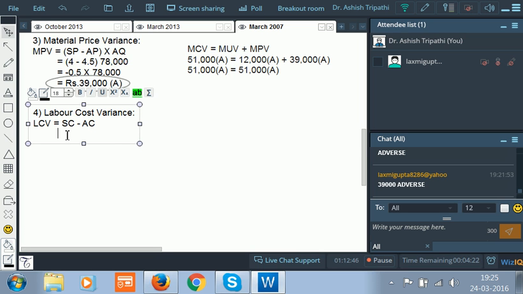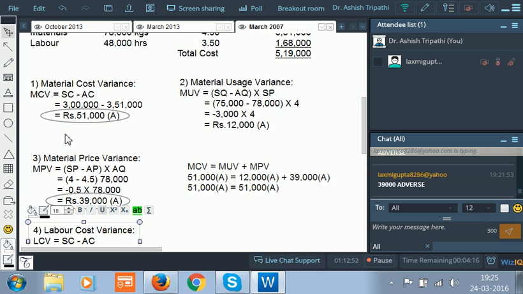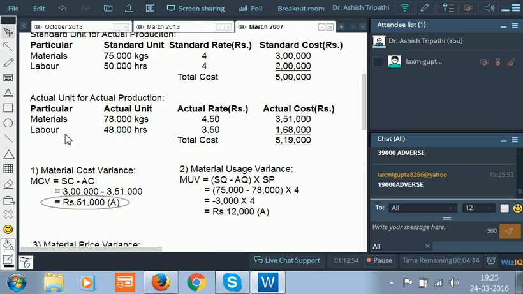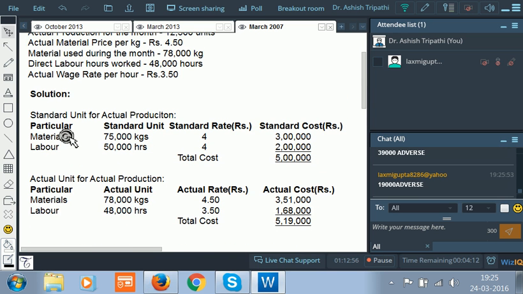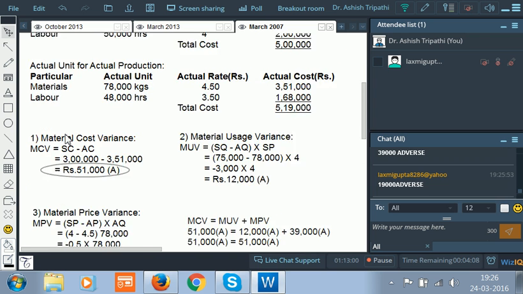In 4 minutes our class will get over, and I won't be able to extend it. Okay, let us continue. What is the standard cost for labor?